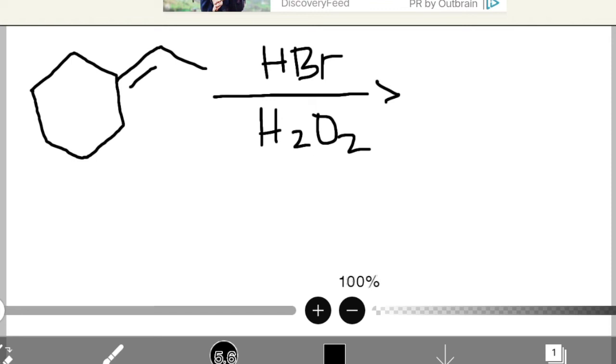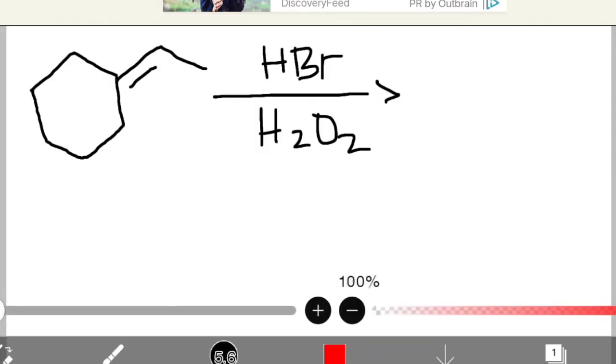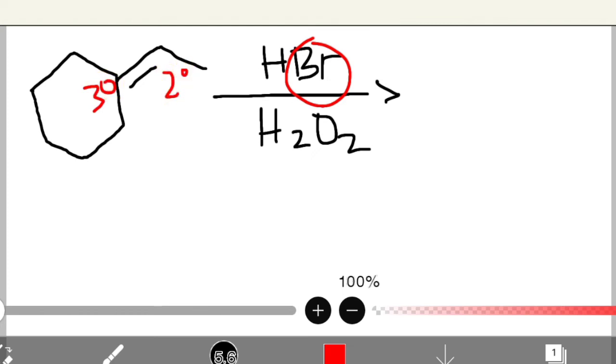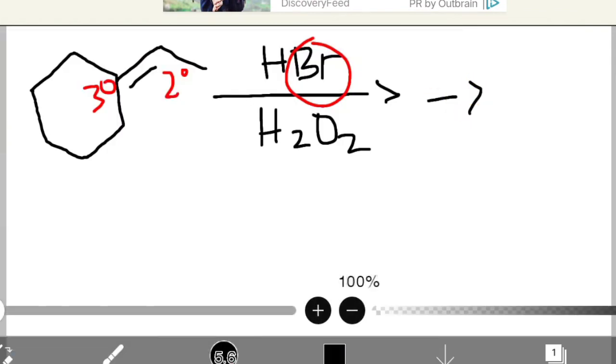Here, Br is bonded to the more unsubstituted carbon. Here is tertiary and here is secondary. So it becomes like this. It means the Br we put in here, in the secondary.